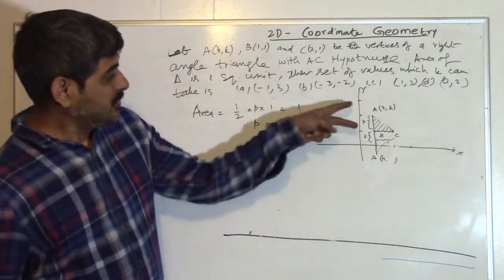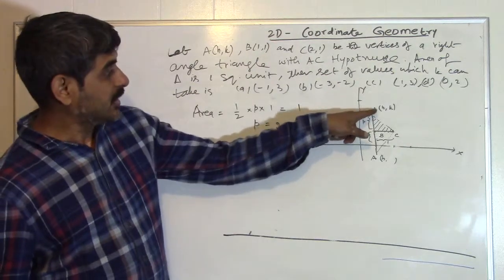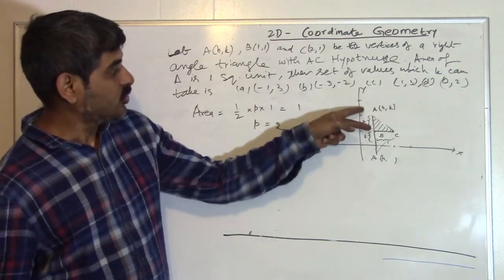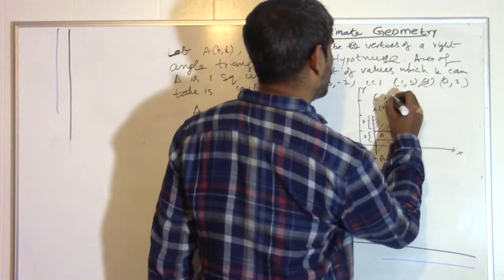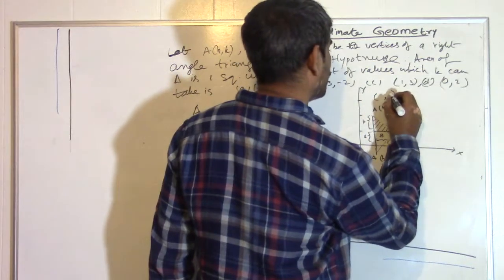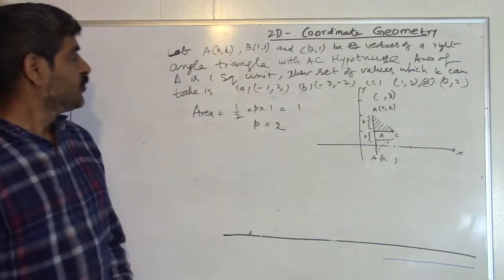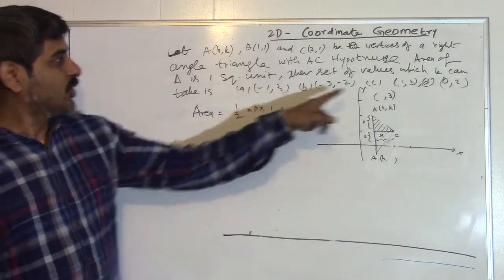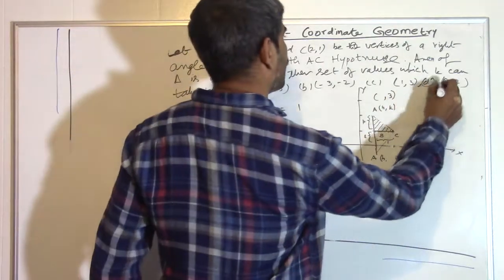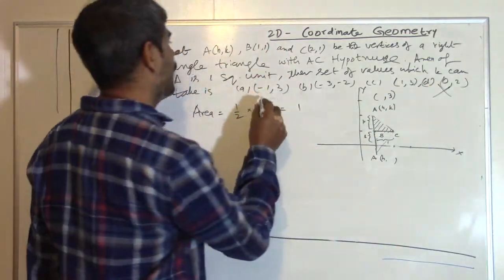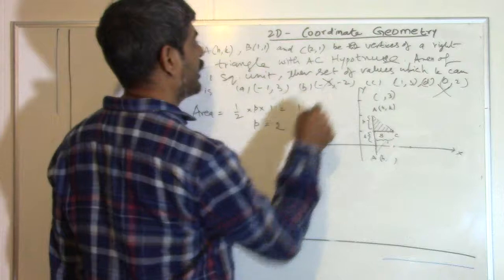And when P is equal to 2, the A will have y coordinate 1 plus 2, that is 3. So our answer can be either this one or this one. D cannot be the answer and B cannot be the answer.